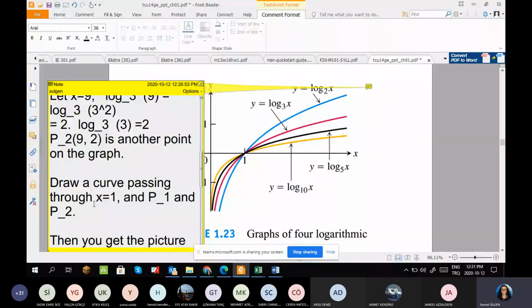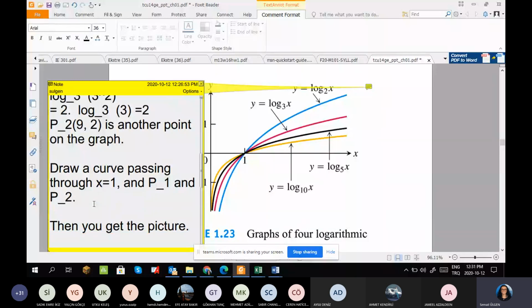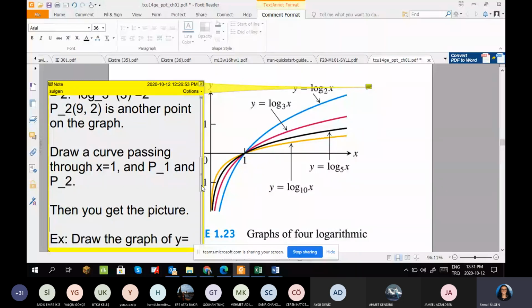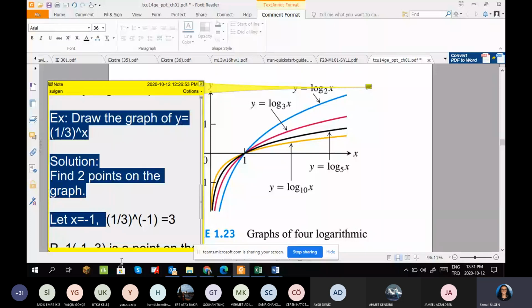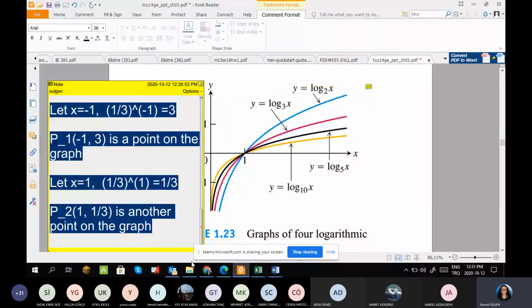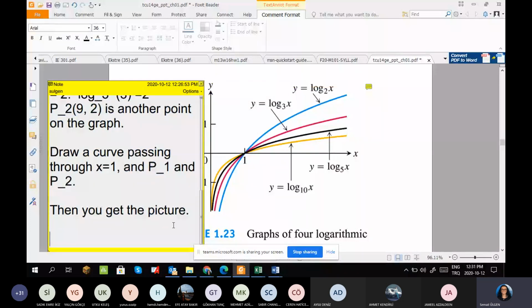That's how you get the graph of logarithmic functions as well. You choose 2 points, and let me erase this one because we don't want that. You want to pass through 1. You need 2 points plus this point 1, and then combine them in a curved way and you get the logarithmic function graph. That's how you do that.